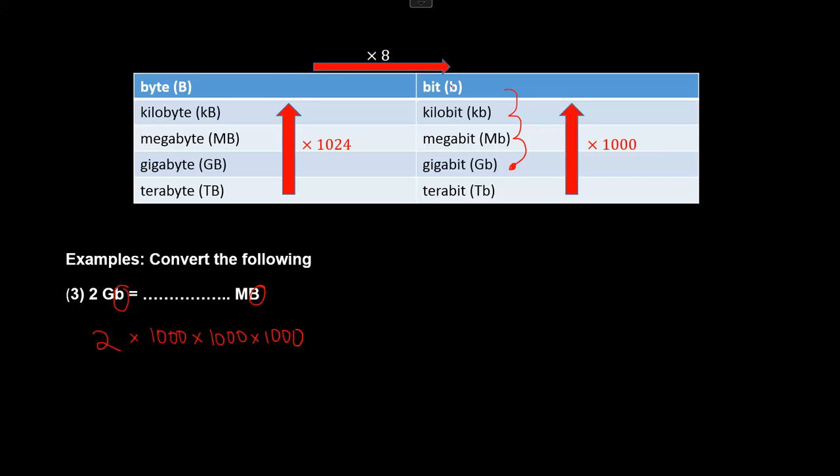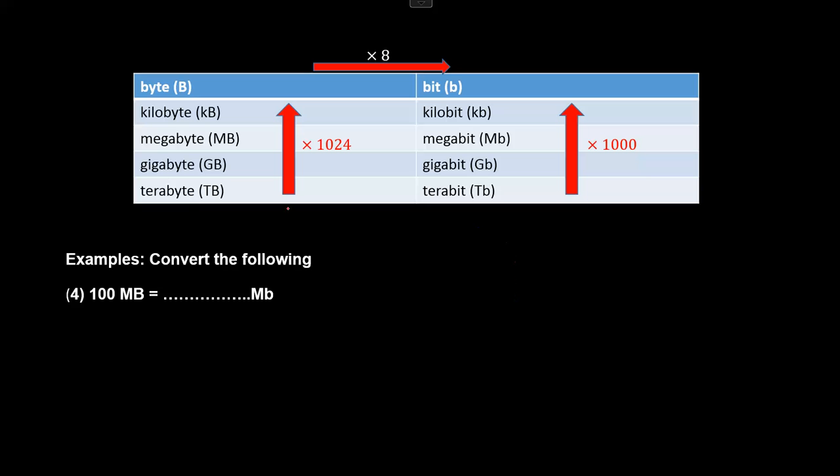So of course, to move over to this side of the table, we're going to have to divide it by 8. Okay, and now once we're in bytes, we need to get it into megabytes, which means we need to move down once, twice. So because we're moving down the table, we divide it by 1,024, and then by 1,024 again. And that gives us an answer of 238.42 megabytes. So that's that one, 238.42.